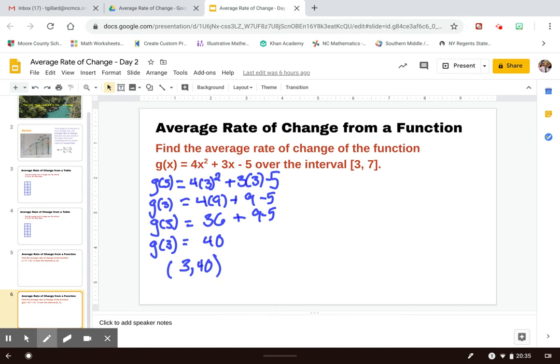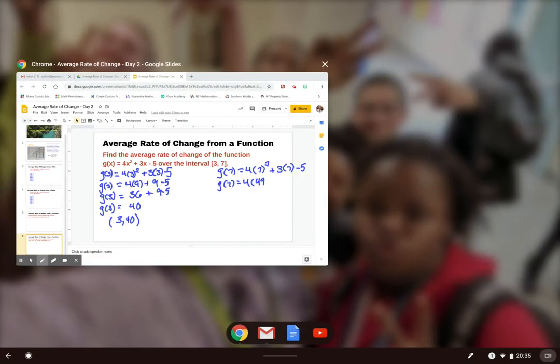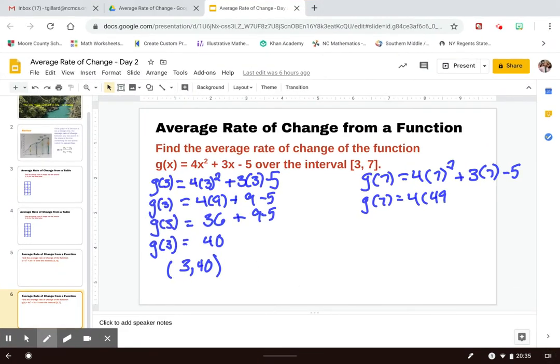Now if I come over here and we find the g of 7, which is going to equal 4 times 7 squared plus 3 times 7 minus 5. So the g of 7 is going to be 4 times 49, as 7 times 7 is 49, plus 21 minus 5.